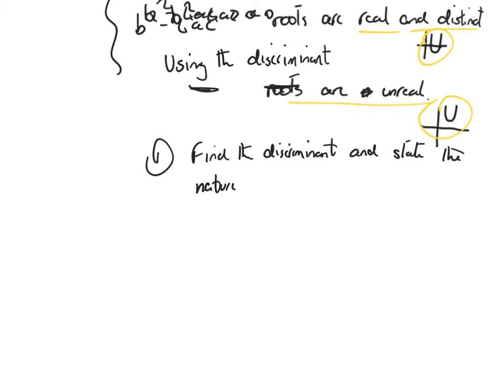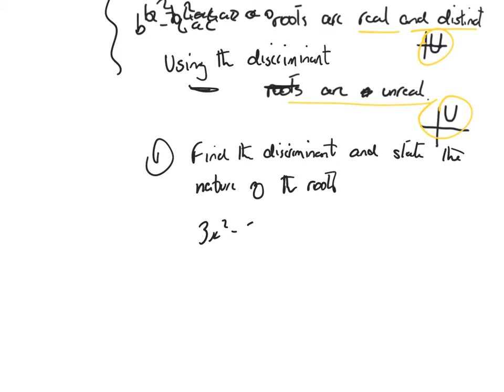Now that's a new phrase. What does that mean? Well, the nature of the roots is just whether the roots are real and distinct, real and equal, or unreal. So we call these conditions for the discriminant, finding the nature of the roots.